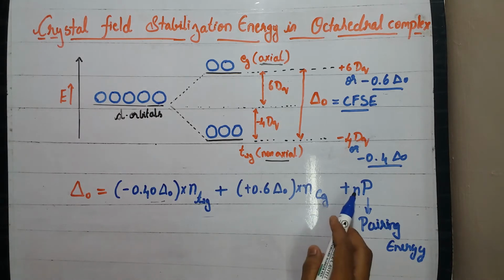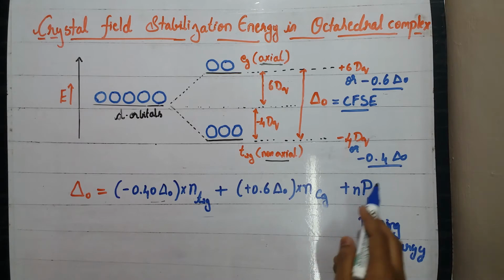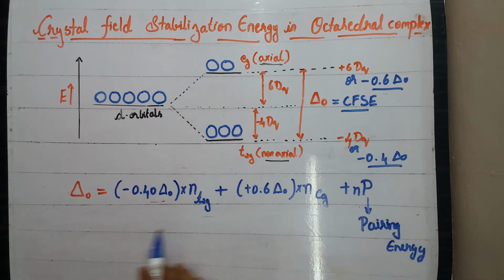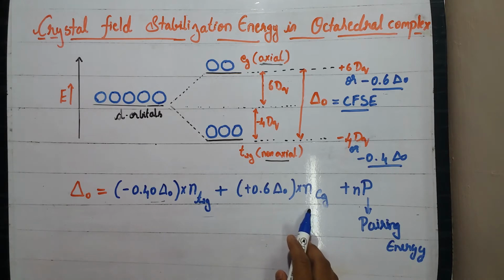So as the electrons get paired, it gives the total pairing energy, the energy required for pairing. So this is the formula to calculate the crystal field stabilization energy in octahedral complex.